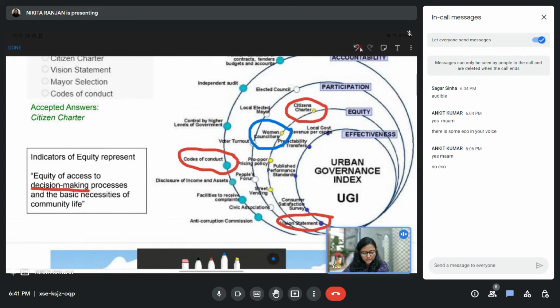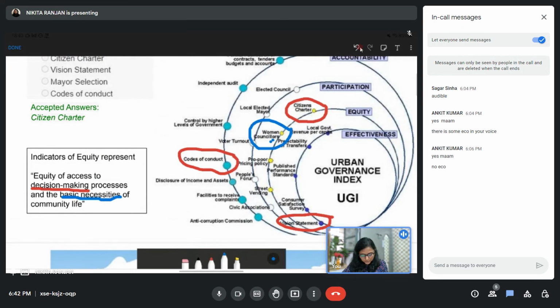This indicator, women counselors, addresses that part. It is a measurable indicator of how many women counselors are present in any urban governance body, and in that way it can accurately assess whether there is equitable participation of women in the urban governance system.